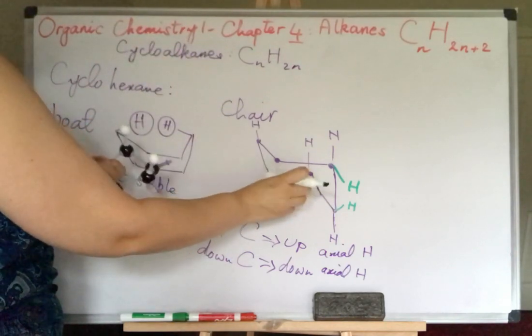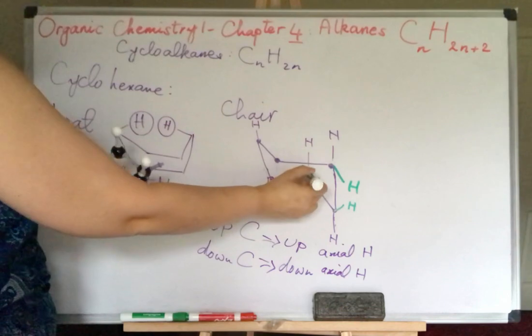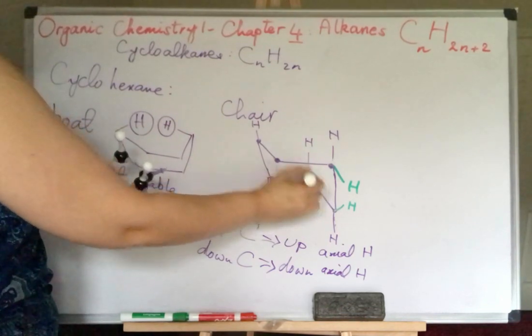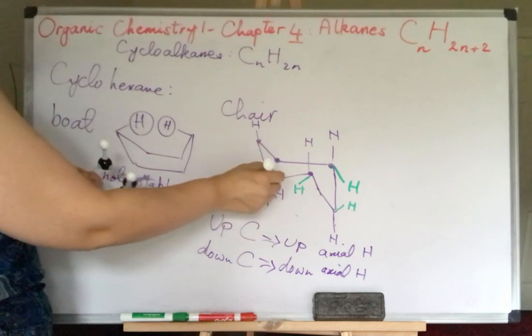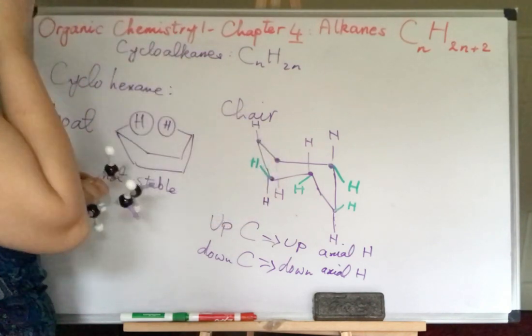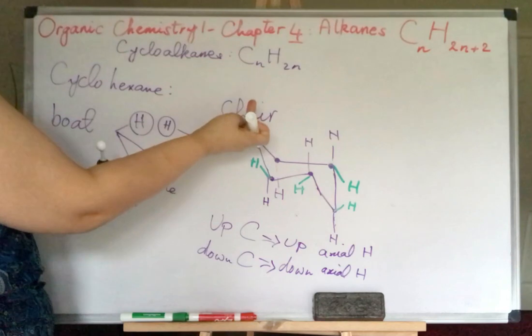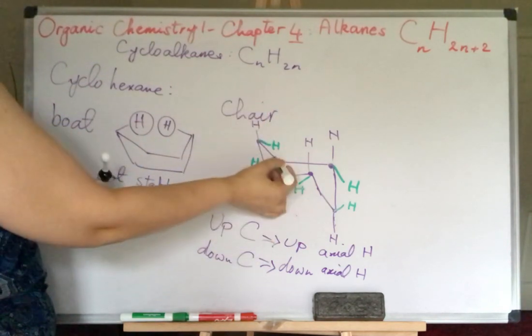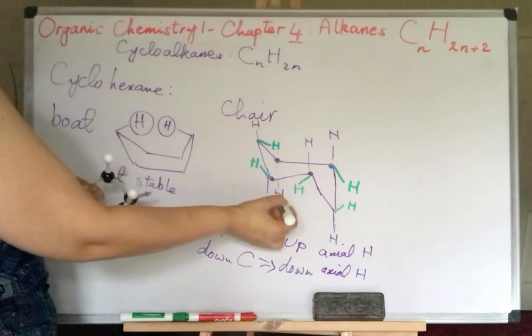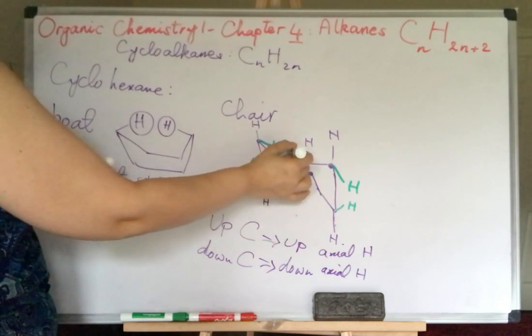Now, up carbon, axial is up, so equatorial is down. Down, axial is down, so equatorial is up. Up, axial is up, so equatorial is down. And down, axial is down, equatorial is up.